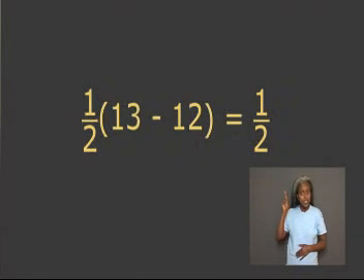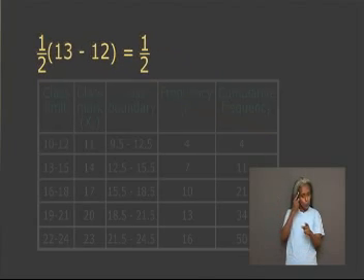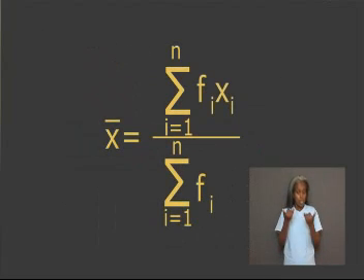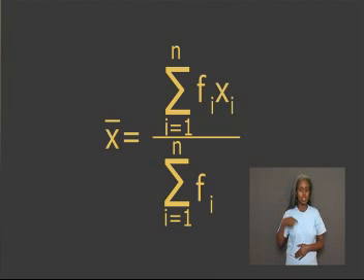Here is the correction factor for the table. Therefore, using our correction factor, the table looks like this. Now we are ready to find the mean using our formula to determine x bar.